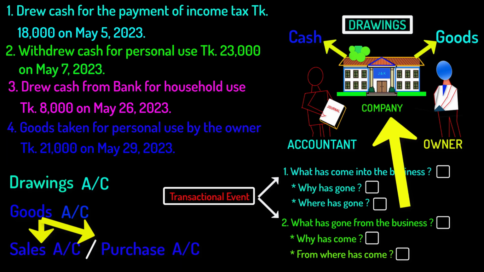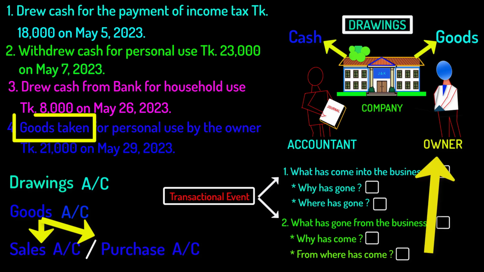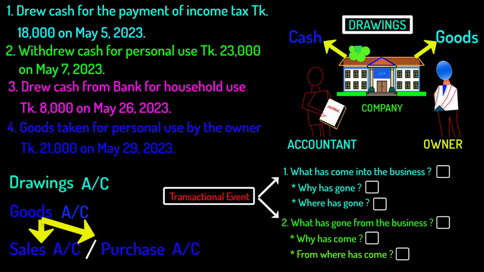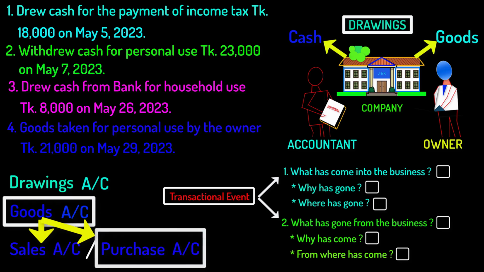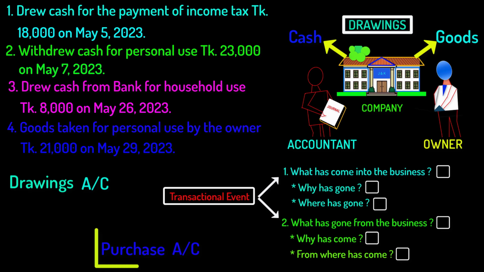Actually, the company purchased goods at a cheap price from the seller and wanted to sell them at a higher price to its buyer to get future profit. As the owner withdrew the goods from the company at purchase price, the company could not sell the goods. Therefore, here, this goods account is related to purchase account. So, instead of this goods account, the name of the account will be purchase account.